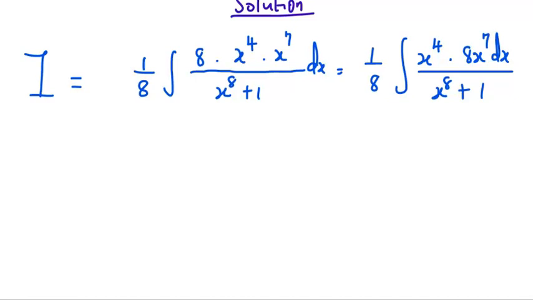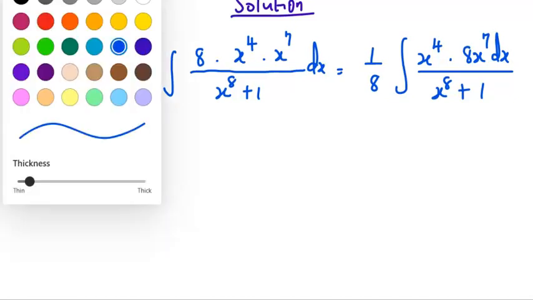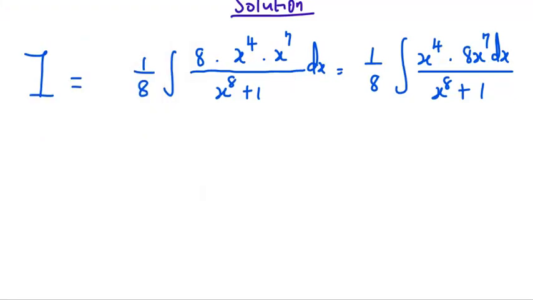Now, let us make the following nice substitution. We're going to let x raised to the power of 8 equal t. But how do we get x to the power of 4 as we're seeing it right over here? Then we need to take the square root, right?